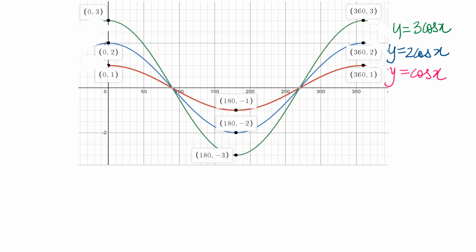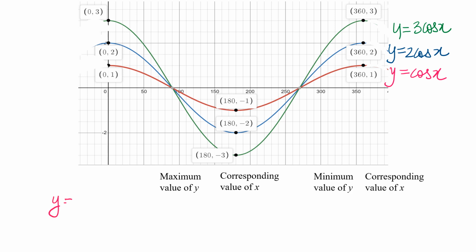Right, so let's look at the maximum and the minimum values of y and the corresponding values of x. Alright, so for the curve y equals to cos x, you can see quite clearly from the diagram that the maximum value of y happens at 1, and the two corresponding values. You can concentrate on this point here and this point here.